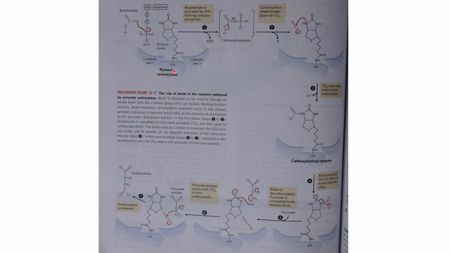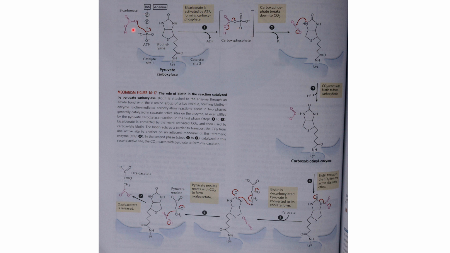So pyruvate carboxylase is here, and there are 2 catalytic sites, 1 and 2. So in this case, you have bicarbonate, and you have the presence of ATP right here. And the bicarbonate is activated by ATP, and you get a carboxyphosphate, which is shown here.